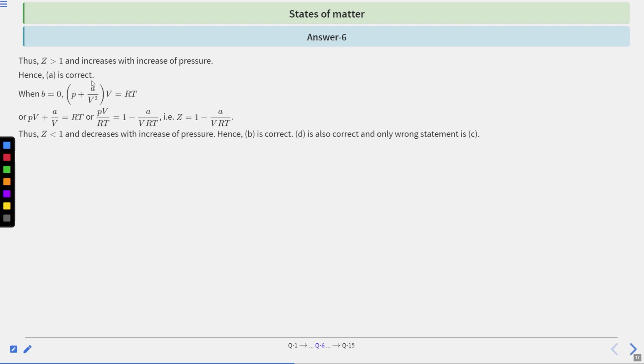Hence option A will be the correct option. But we have to find out the incorrect one. So when b equals 0, (P plus a/V²) times V equals RT, and we find that Z will be equal to 1 minus a/VRT. Thus Z is less than 1 in this case and decreases with the increase of pressure. Hence B is correct. Now D is also correct and the only wrong statement present is C.